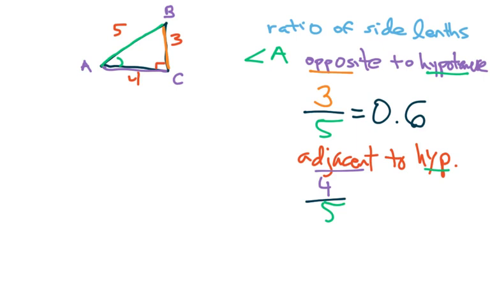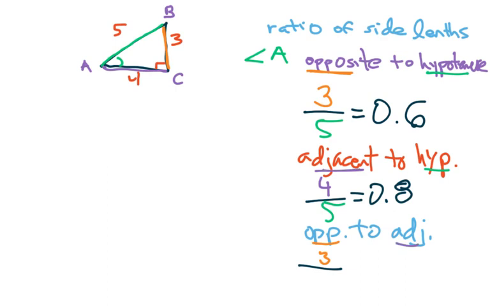In decimal form, that's 0.8 or 8/10. All right, last one we've got to do. We're going to do our opposite to our adjacent. The opposite hasn't changed. It's still the 3. And the adjacent hasn't changed either, so it's still the 4. The decimal form of this is clearly 75 hundredths, or 0.75.